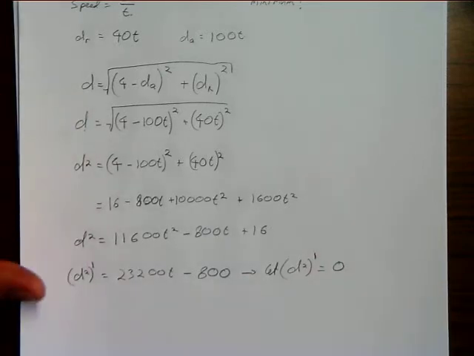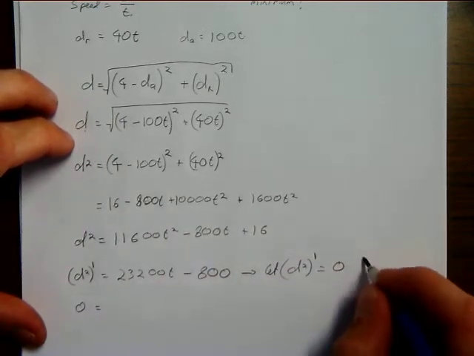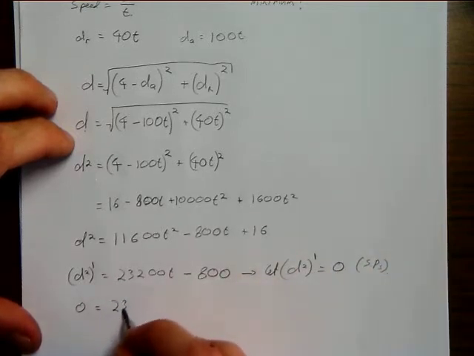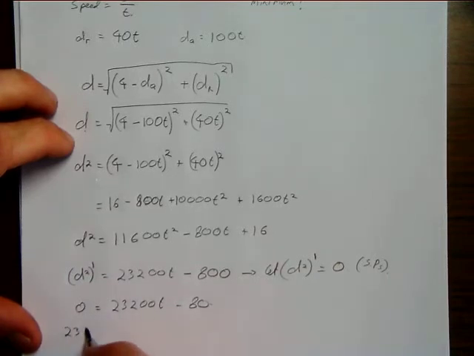Why are we doing that? To find the stationary point. So we have 0 is equal to 23200t, take 800. So 800 divided by 23200. I'll tell you what that is.